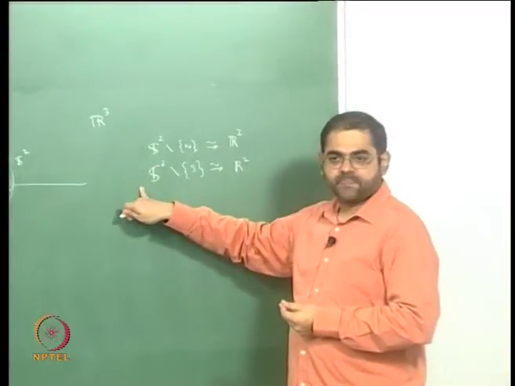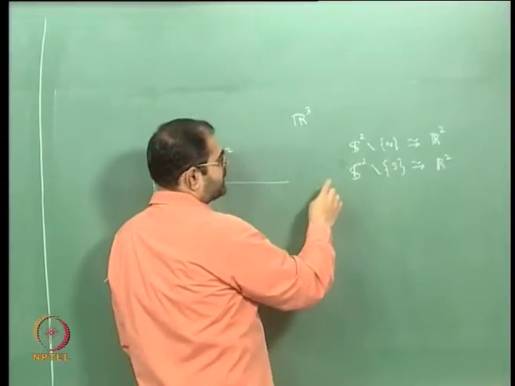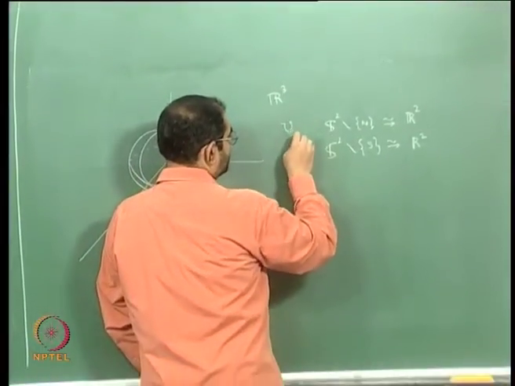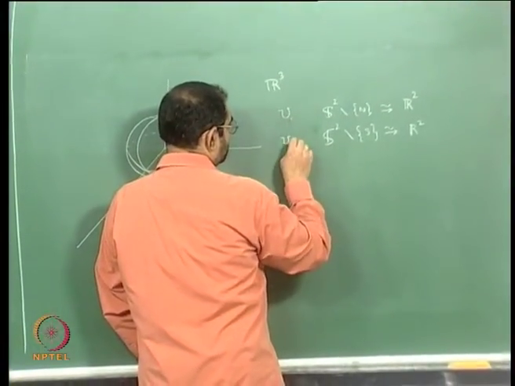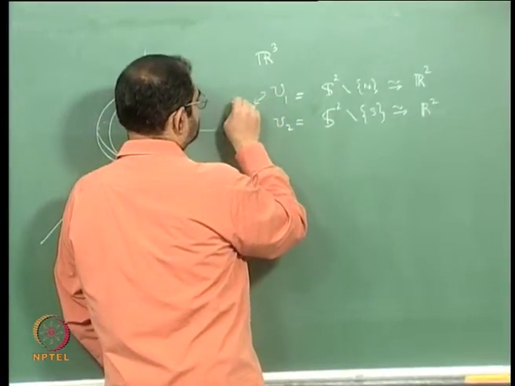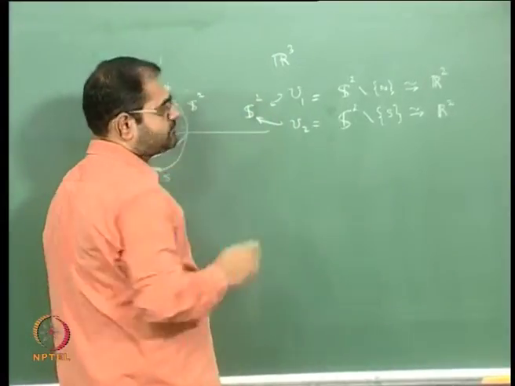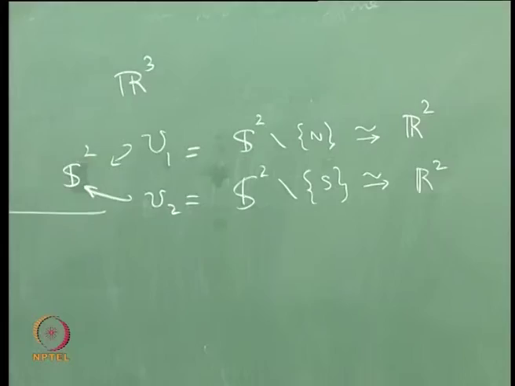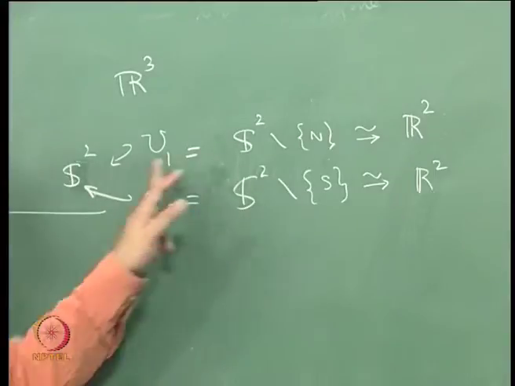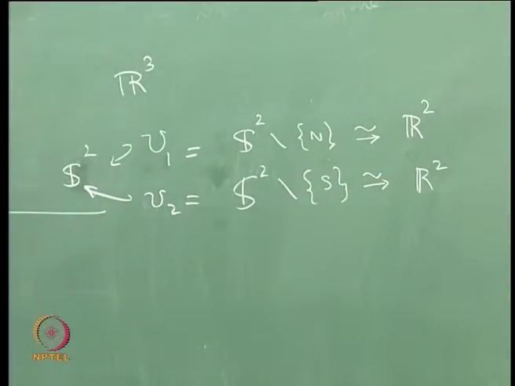Now what you must understand is that each of these can be called an open subset of the sphere. Both are open subsets of the sphere, and they cover the sphere, and each open subset looks like R2, which means it is homeomorphic to R2, and the homeomorphism is via the stereographic projection.